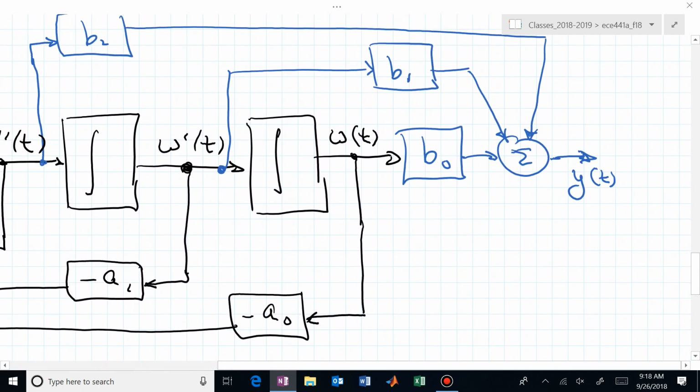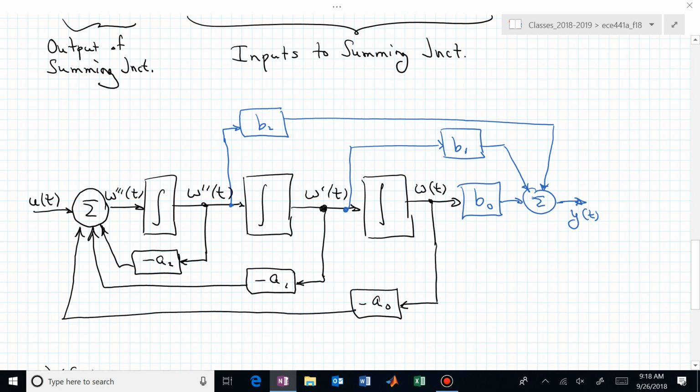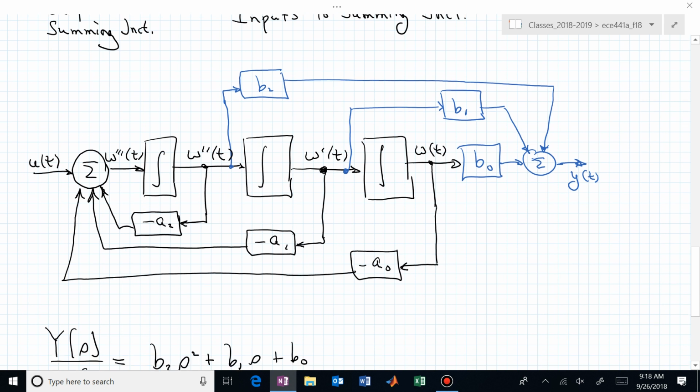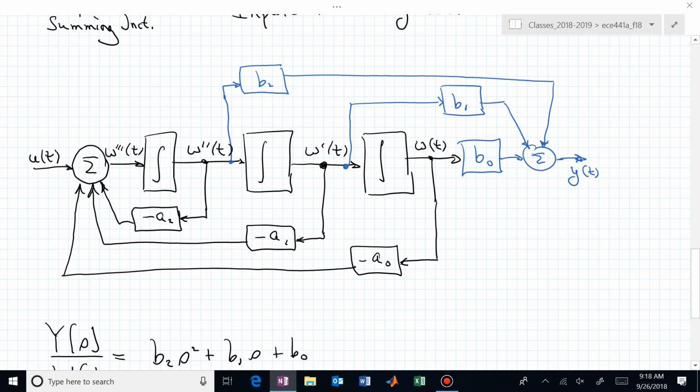Now if I want a state space representation from this, what's the strategy? If I want to now produce or create a state space representation from this block diagram, what's a strategy for making that happen?